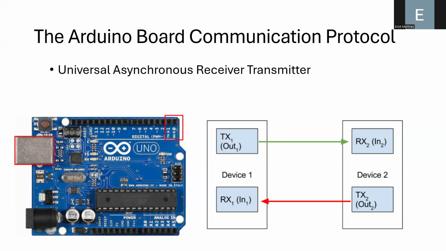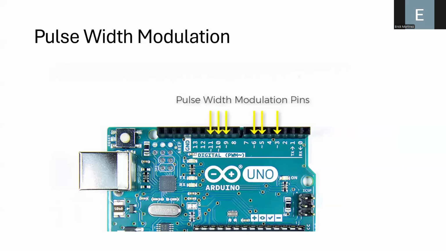We have two elements: a transmitter pin, TX, that is transmitting the information, and a receiver pin, called RX, in which we receive the information transmitted by the computer.